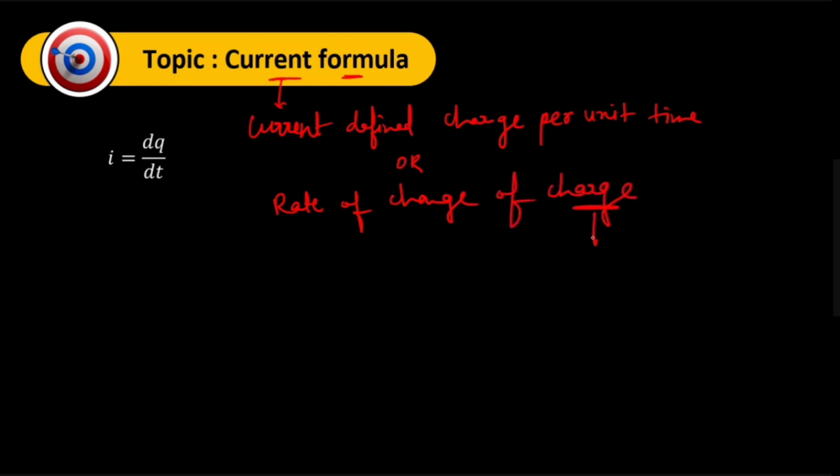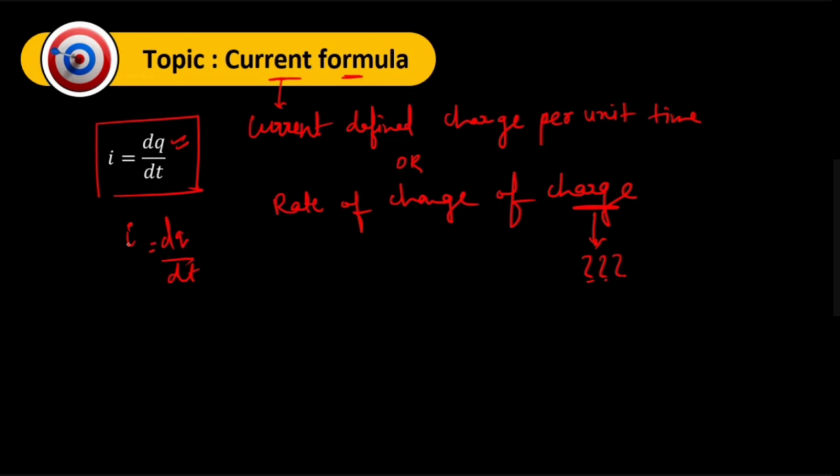Now we are very clear about what charge is, how it works, and what forces act on charges. We have done all such questions in the previous units. So we are very well aware of charge. So current is simply the rate of change of charge, or you can say dq by dt.